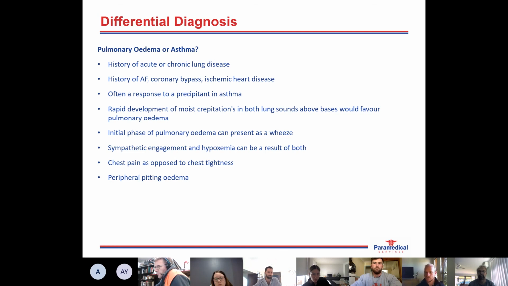Chest pain as opposed to chest tightness. And peripheral pitting edema. These peripheral edema and these sounds that you listen to when you auscultate your patient are going to be your key indications as to potential pulmonary edema secondary to acute coronary syndrome, instigated myocardial ischemia.